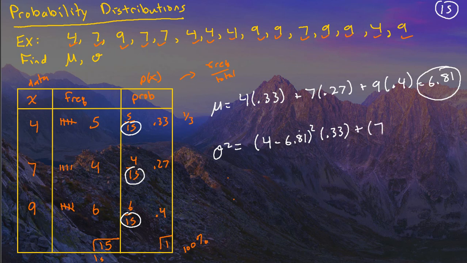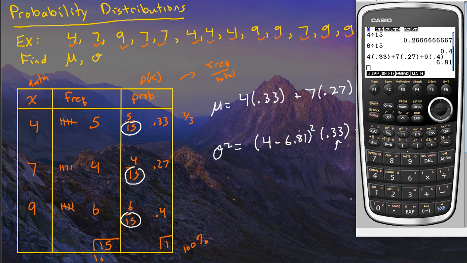And now we'll do 7 minus 6.81. We square that, and multiply by the probability that happens, 0.27, plus 9 minus 6.81 squared times the probability that that happens, 0.4. I'm not going to have to divide by the number of data that I have because I've already accounted for it in each one of these probabilities.